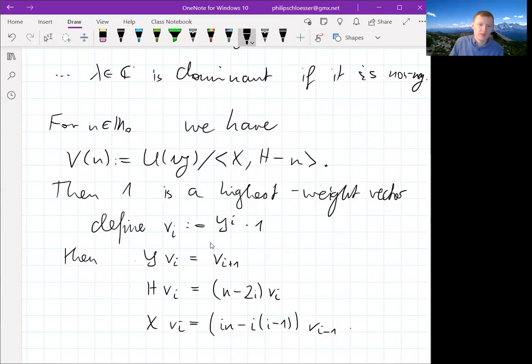The thing is just those relations wouldn't hold. You would have different relations, but it would be similar, right? No, because the only reason why, for example, h times v_0 is equal to n is that we literally say that h should act as n.